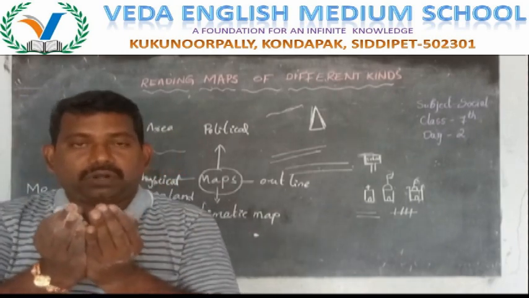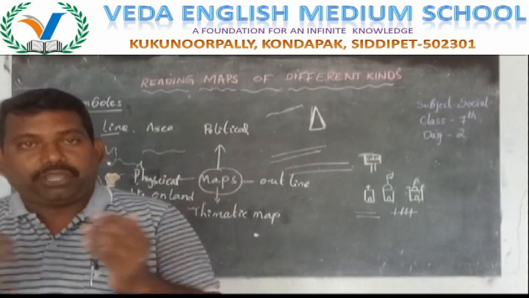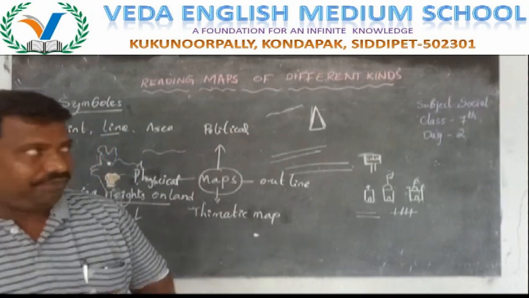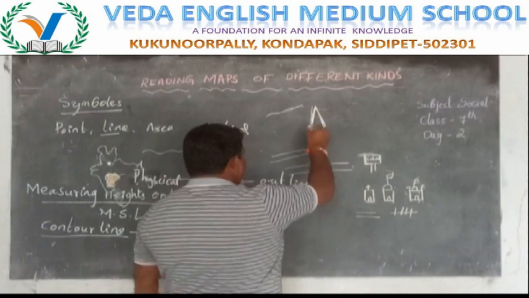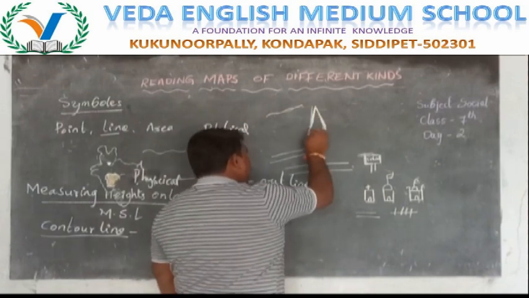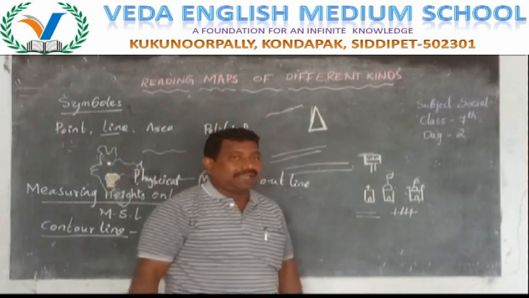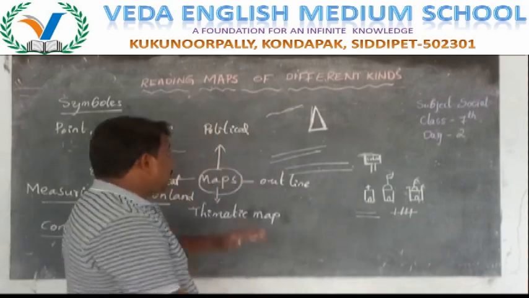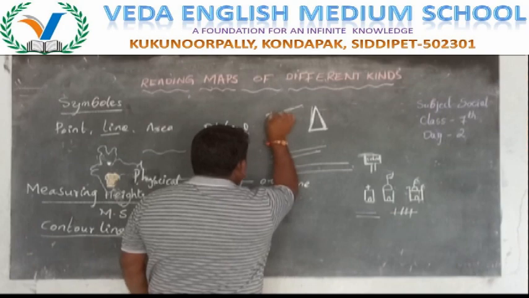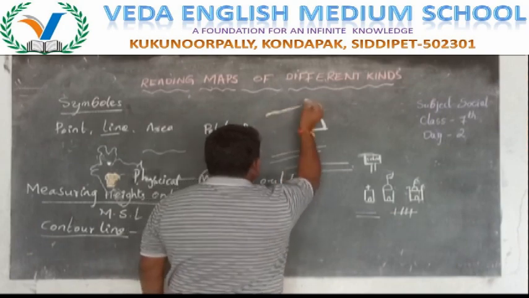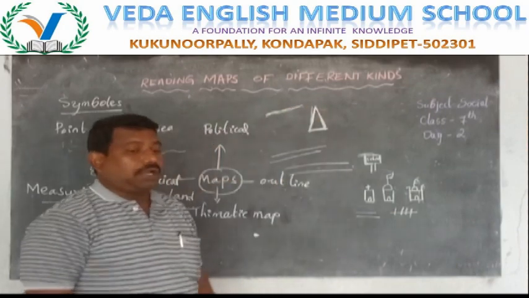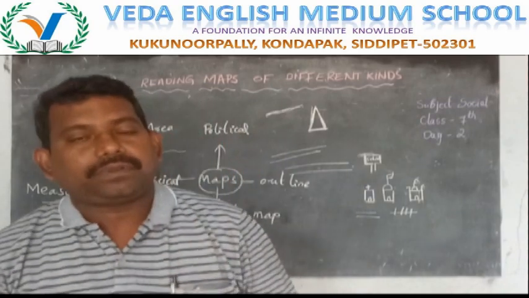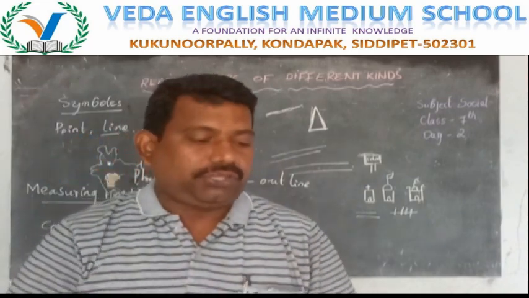When are the contour lines far from each other? If the landform has the steep climb or steep slope, the contour lines are near to each other. If the land has a gentle slope, then the contour lines are far from each other.